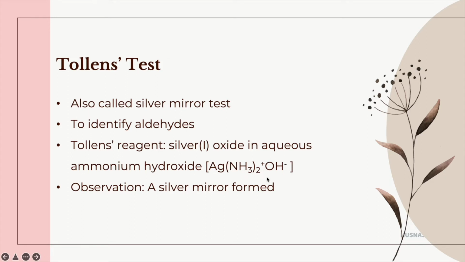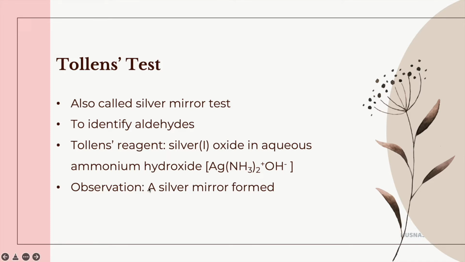This is the correct way to write it: square bracket, Ag(NH3)2 plus OH minus, close the square bracket. So, silver(I) oxide in ammonium hydroxide.